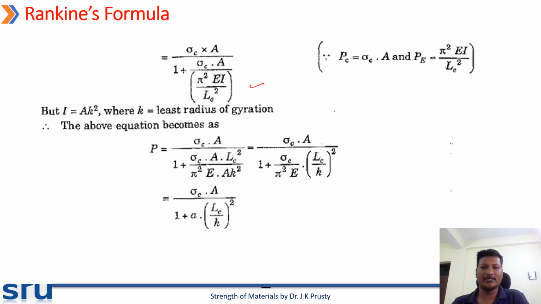We know I is equal to A K square, where K is the least radius of gyration. If we put this value instead of I, we get this equation: sigma C into A divided by 1 plus sigma C by pi square E into LE by K square. If we write sigma C by pi square E as a, the equation becomes P is equal to sigma C A divided by 1 plus a into LE by K square.